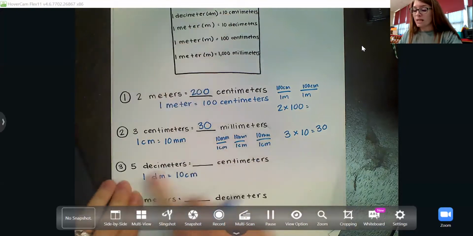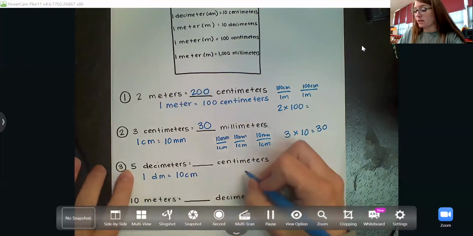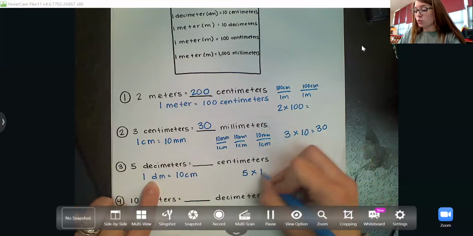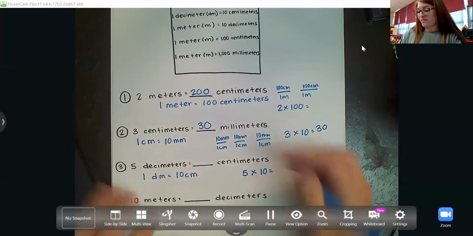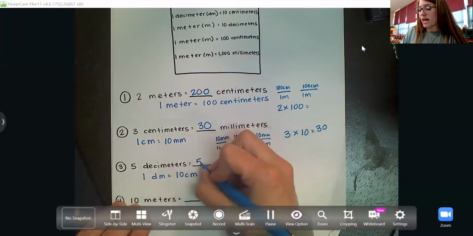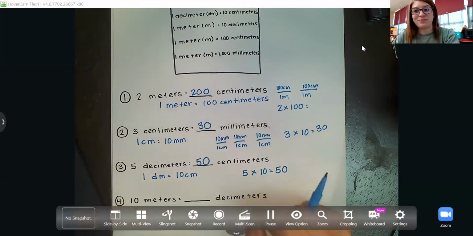So for every 1 decimeter, there's going to be 10 centimeters. If I have 5 decimeters and I multiply that by 10 centimeters in each one, 5 times 10 is equal to 50. Very good. So 5 decimeters is the same thing as 50 centimeters.